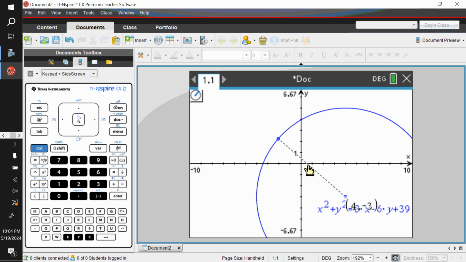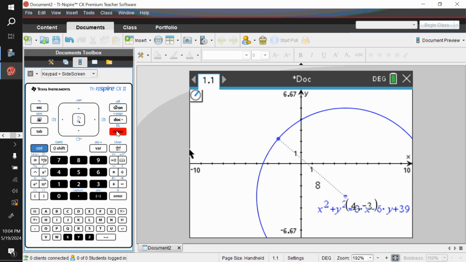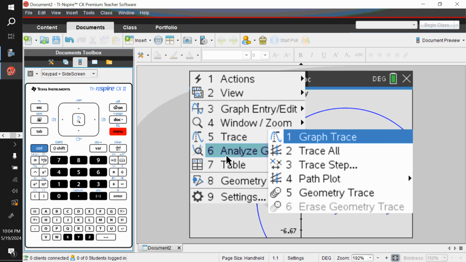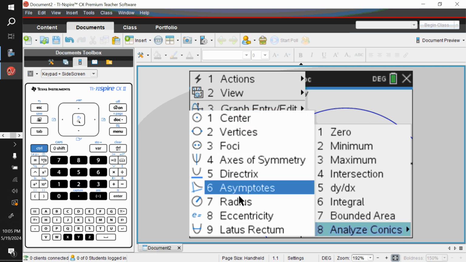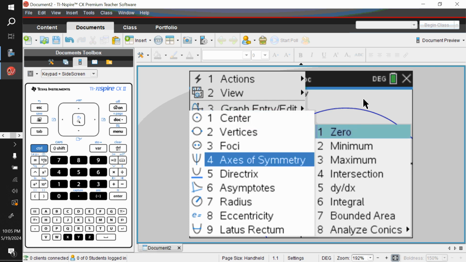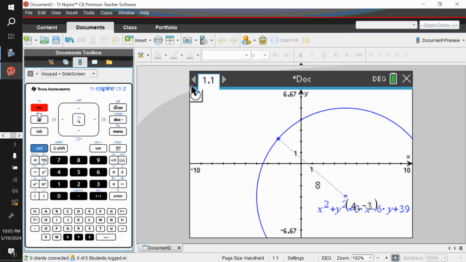See now how as I'm drawing around, it's got that radius of 8 there. So again, the way I got that, after graphing it, I did Menu, Analyze Graph, Analyze Conics, and then you can select center and radius, and it'll actually tell you each of those things if you're unsure.